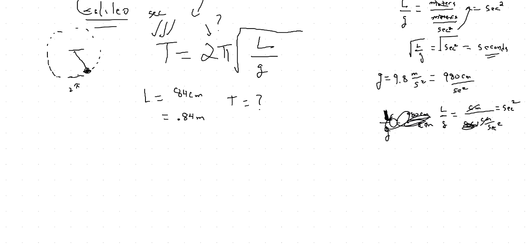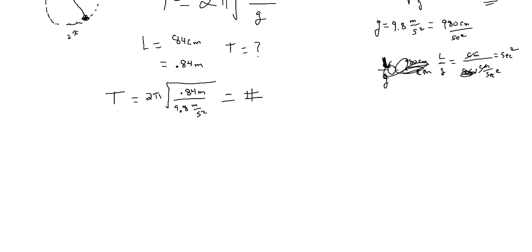So the period, if we do it in meters, is 2 pi times the square root of 0.84 meters divided by, now we're using meters, so G is 9.8 meters per second squared. And that'll give you a certain number. I'm not going to do it. I'll let you do it, okay?